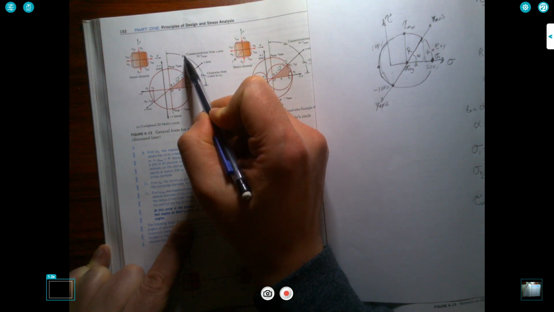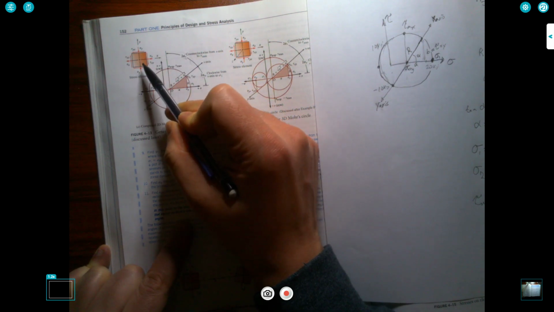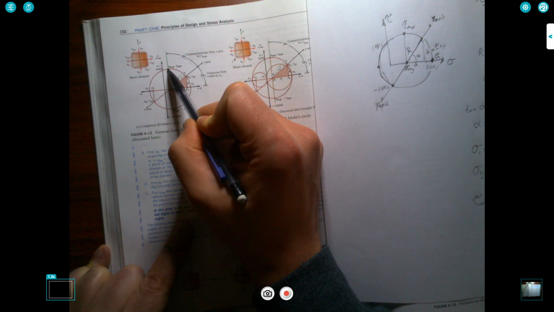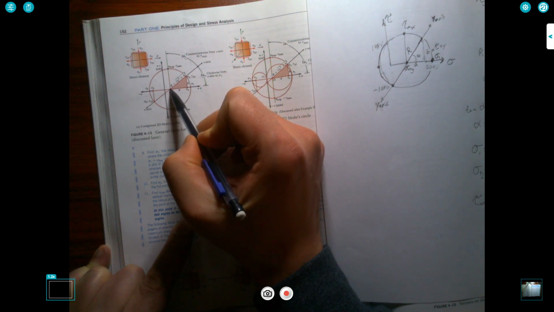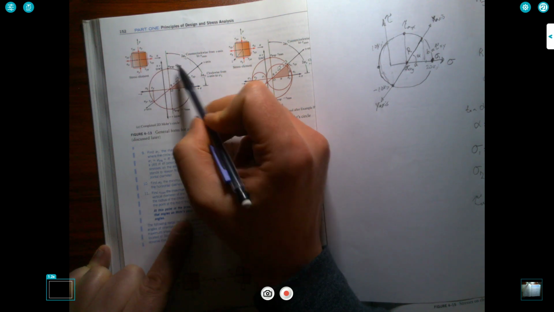The angle to our shear would be clockwise in this direction. So we'd rotate this element clockwise to get to this maximum shear, and then our max shear would be this, and our average stress is what we end up having off of each of our normal planes here.